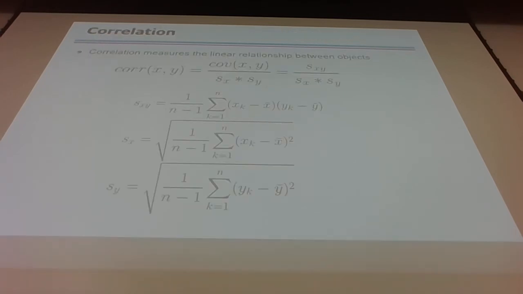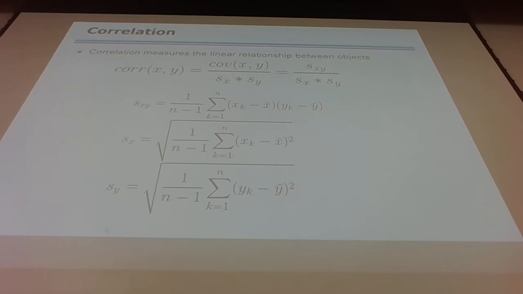Then correlation. A lot of you know correlation already. Correlation means you take 2 signals, you align them, multiply each data point, sum them, and divide by the number of data points. That's correlation. This is all the mathematical terms that they are explaining: covariance of xy divided by the standard deviation of x and the standard deviation of y.